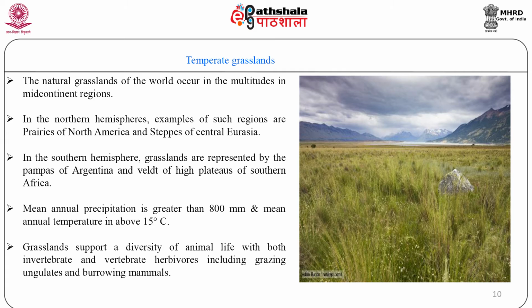Pampas deer and guanaco are the two major herbivores in the pampas. The African grass belt once supported migratory herds of wildebeest and zebra along with their carnivores such as lions and leopards.